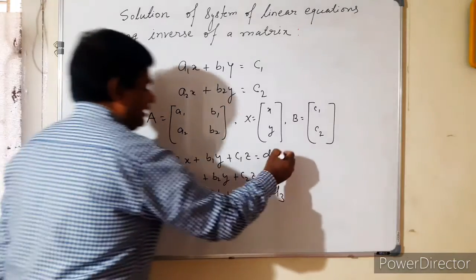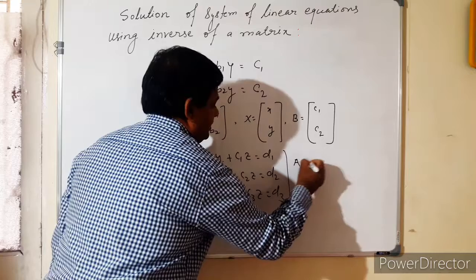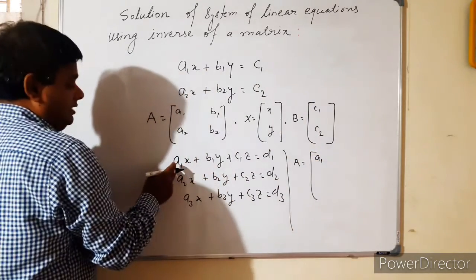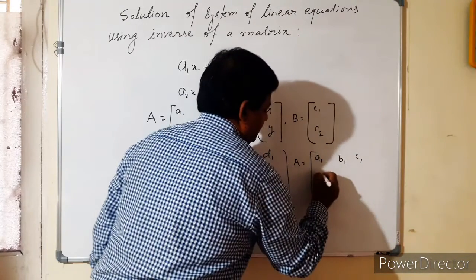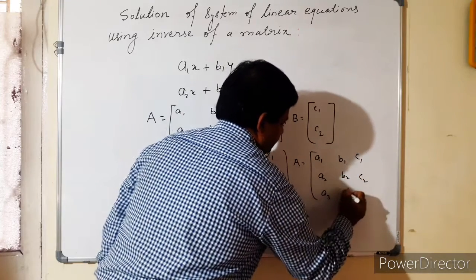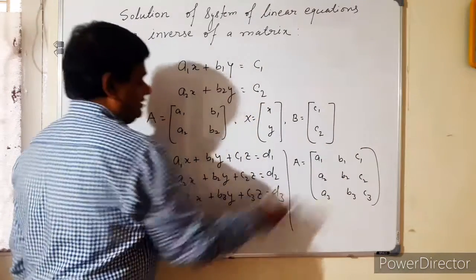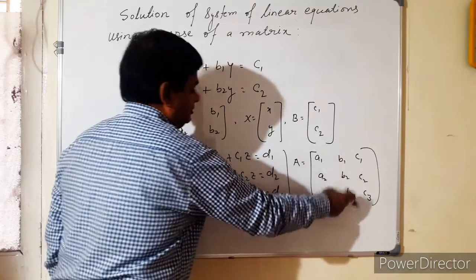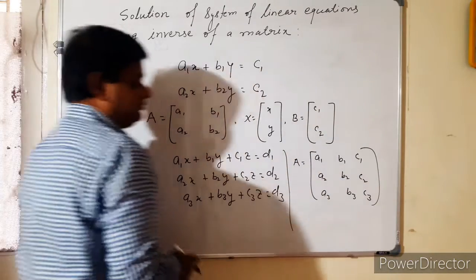This we can write in matrix form like this: A equal to [a1 b1 c1; a2 b2 c2; a3 b3 c3]. Here a1, a2, a3 are the coefficients of x, b1, b2, b3 coefficients of y, c1, c2, c3 coefficients of z.